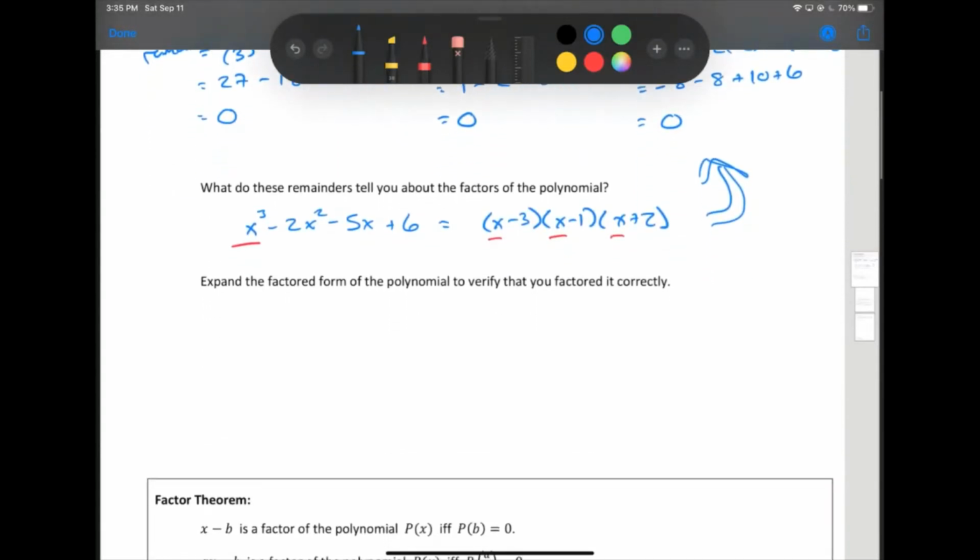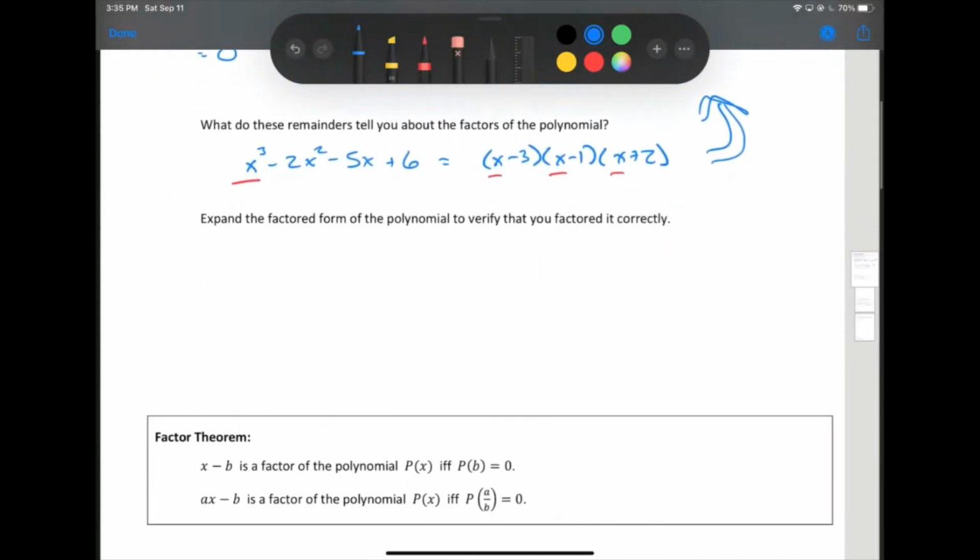First thing we're going to do is just expand that out and make sure that it actually does work. So I'm going to do x minus 3, x minus 1, x plus 2. And because I get to choose which order I'm going to expand this in, I'm going to leave the first term the way it is and expand the last two. I'm going to do a little bit of this in my head because we should be getting good at this by now.